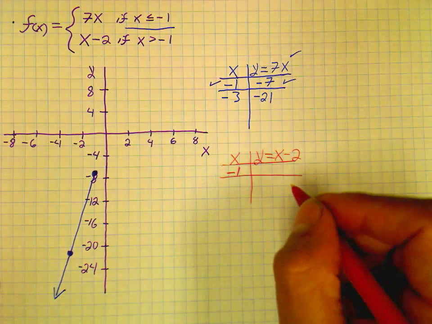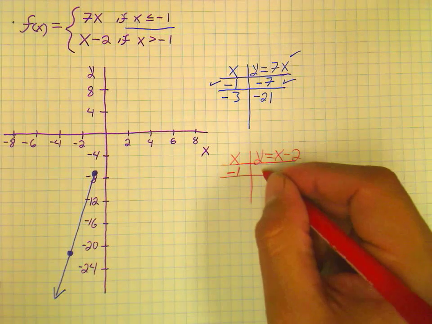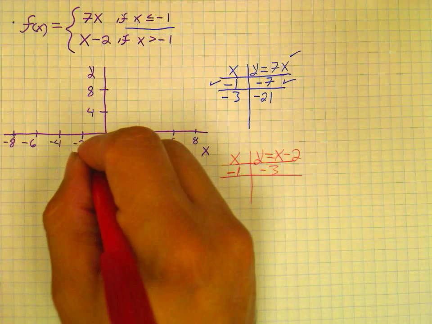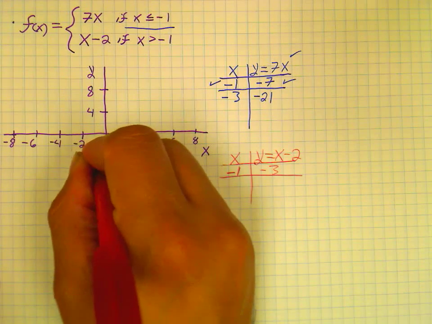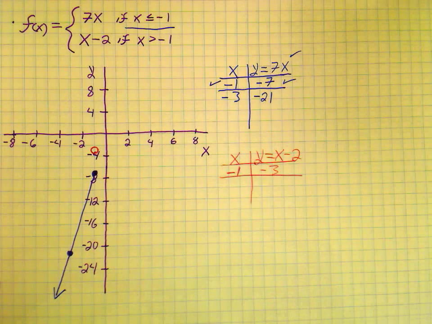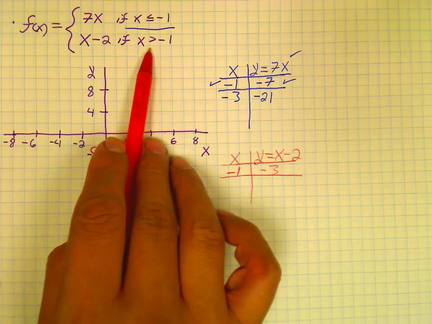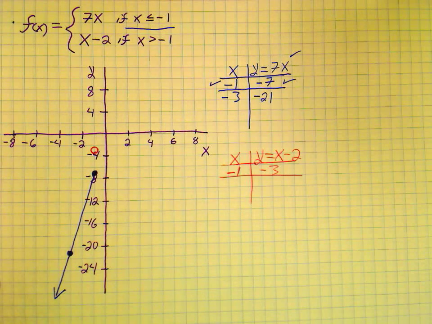I'm going to plug in the negative 1, and y is going to be negative 3. When I graph that point, negative 1, negative 3, I need to do that with an open point. Open because I can get close to that point, but I cannot actually reach x equals negative 1.